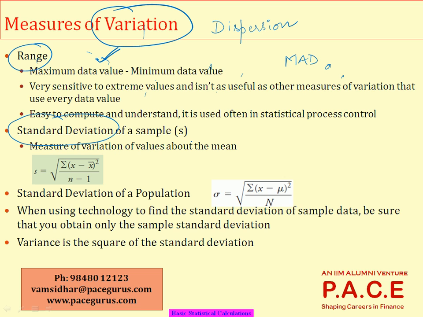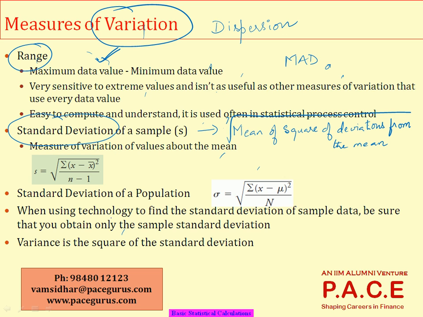Then the next alternative is standard deviation. Something we have to remember for standard deviation is the simple way to define it: mean of square of deviations from the mean, or probably let's write it as the square root of the mean of squares of deviations from the mean.